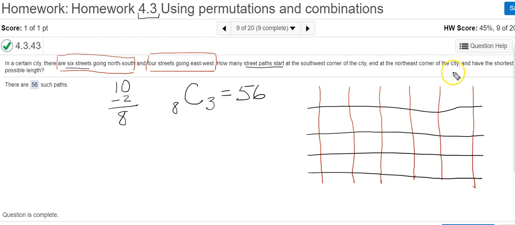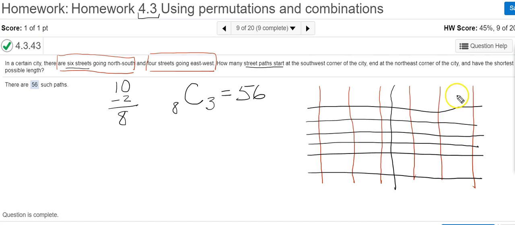Suppose we had 6 streets, so let's say we had 1, 2, 3, 4, 5, 6. Suppose we had 7 streets going north, and we had, instead of 4, we had 6 going east. So let's just change this from 6 to 7.